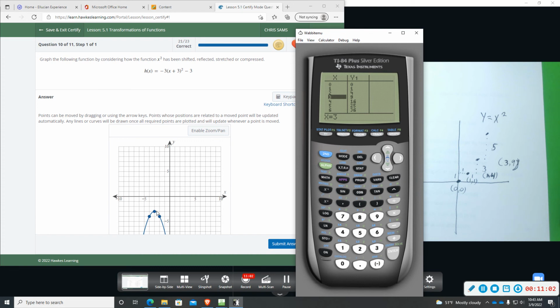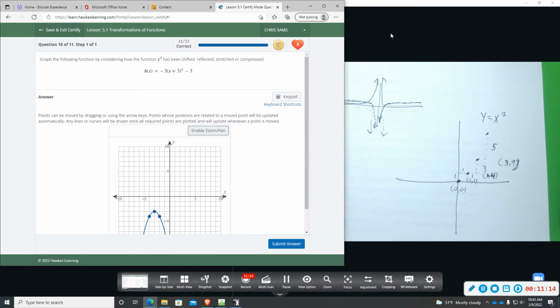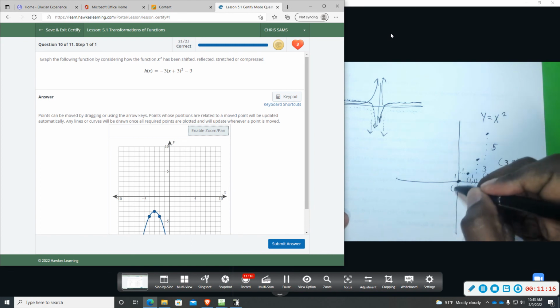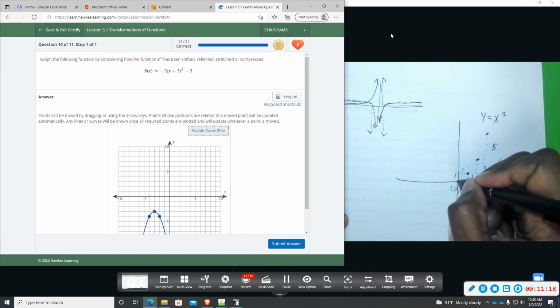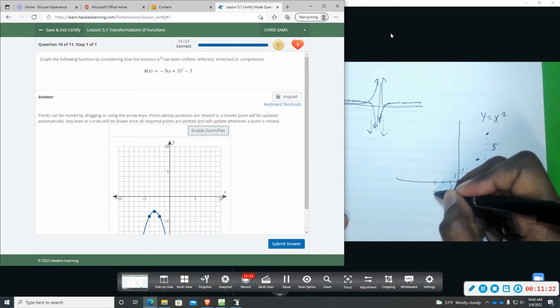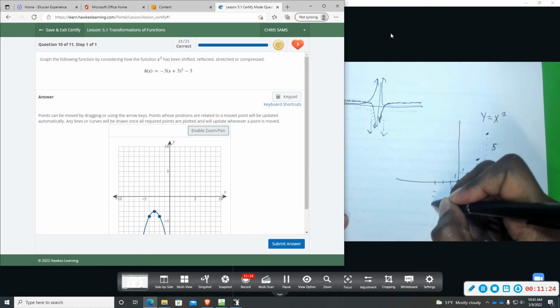So instead of going right 1, left 1, these points should be right 1 and then 3. I should go 3 instead of a factor of 1. That 3 is going to multiply those by a factor of 3. So if I go left 1, 2, 3, and down 1, 2, 3, this is where my parabola is starting.